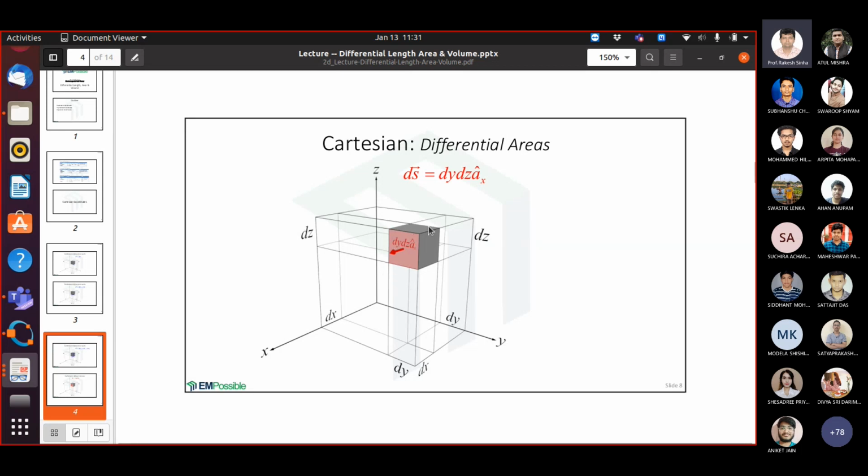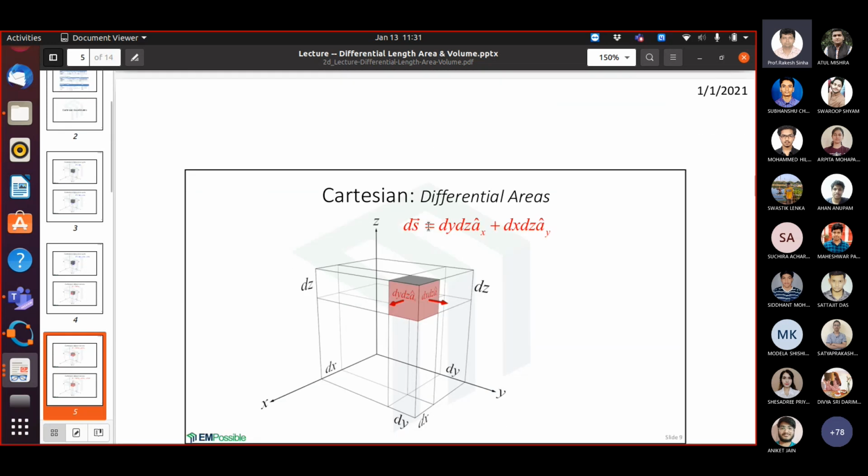Similarly, you may have the differential area in the y direction, and if you combine these two, you will get the total differential area.